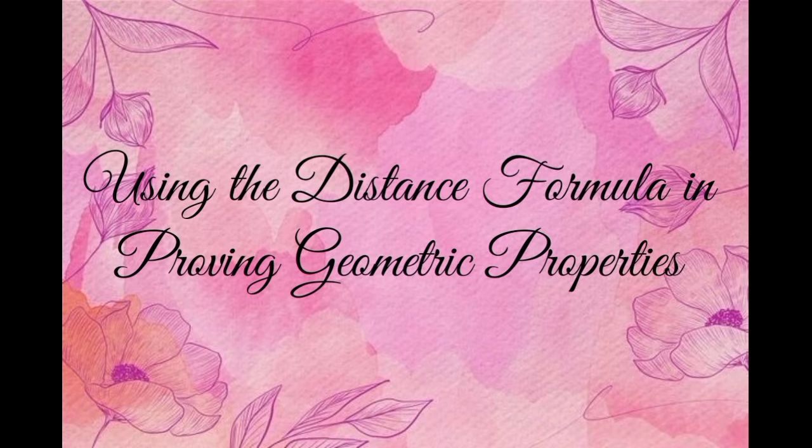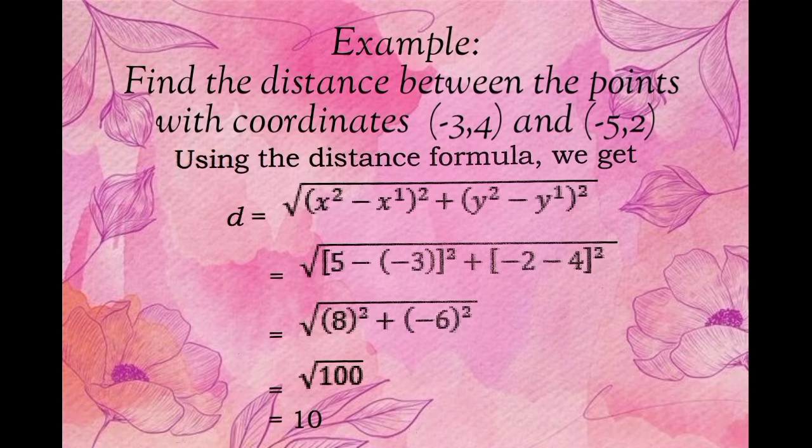Using the distance formula and proving geometry properties. Example: find the distance between the points with coordinates negative 3, 4, and negative 5, 2. Using the distance formula, we get distance is equal to the square root of (x2 minus x1) squared plus (y2 minus y1) squared, which is the square root of (5 minus negative 3) squared plus (negative 2 minus 4) squared.